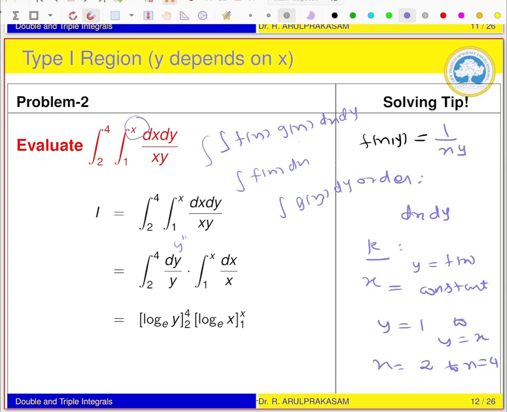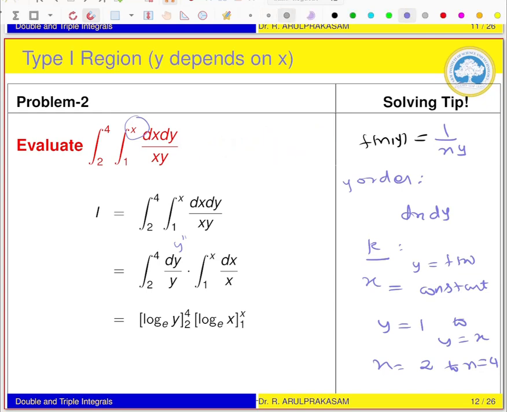This integral property is applicable, and by it I am doing this problem. Suppose we cannot separate the function into f of x and g of y form, then we can't do it like this.